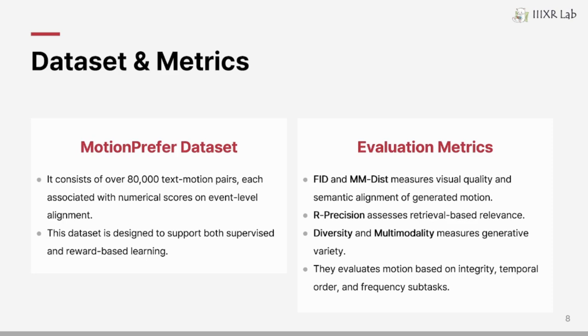For evaluation, the authors use standard metrics such as FID, multimodal distance, and R-precision. They also measure diversity and multimodality to confirm that the model maintains generative expressiveness. Crucially, they rely on GPT-4Vision's structured scores to assess alignment accuracy, which goes beyond conventional metrics.